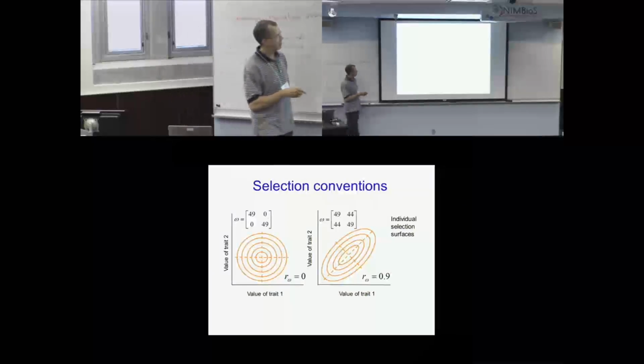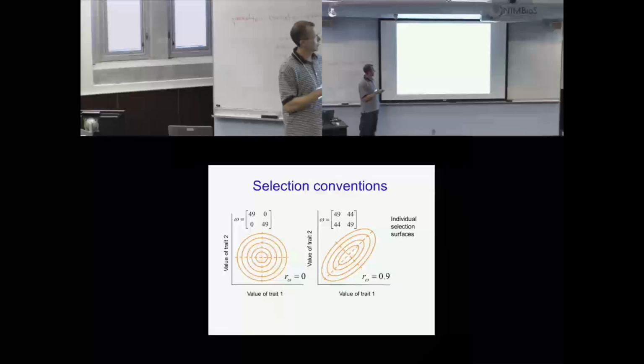No, beta still points toward the bivariate optimum, but the relative strength of selection on the traits would be different than in the case of a perfectly circular individual selection surface.